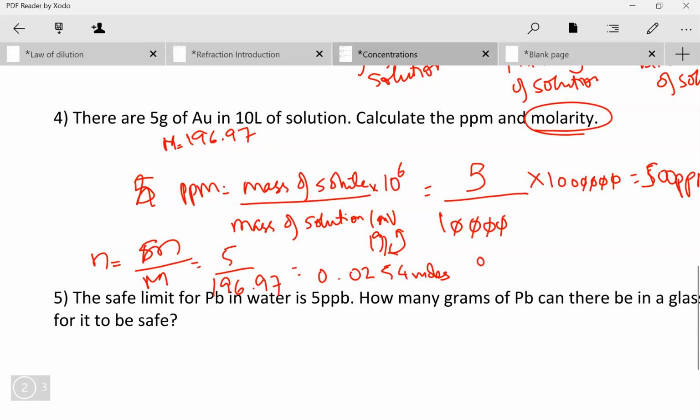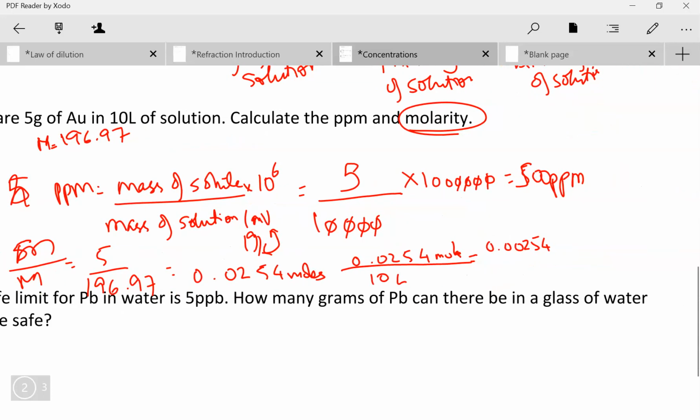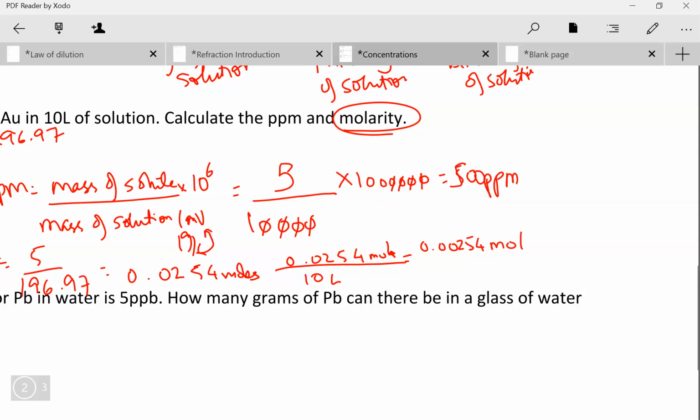And I do 0.0254 moles divided by 10 liters, which is 0.00254 moles per liter. That is my molarity, or concentration, right? So I've done number of moles divided by volume, and that has given me volume in liters, and that has given me my molar concentration, and that's about that.